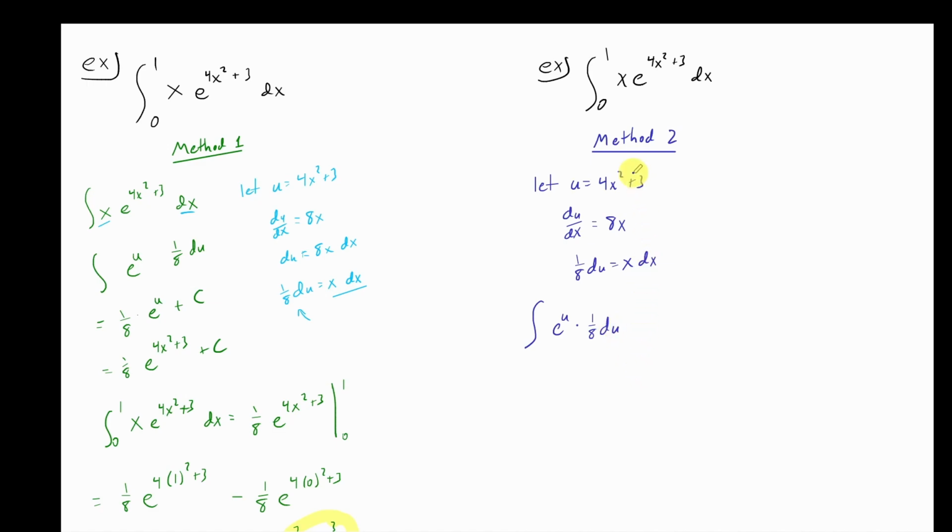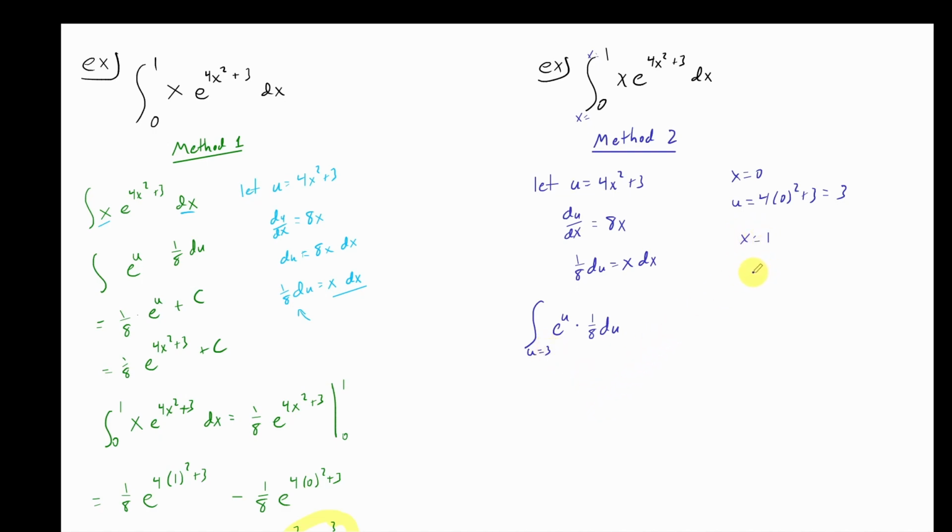Here's the difference. I started off with x equals 0 and x equals 1. If I'm changing over to u's, let's change everything. So when x is equal to 0, u is 4 times 0 squared plus 3, which is 3. So that x equals 0 I can replace with u equals 3.